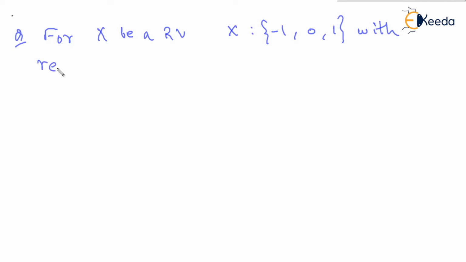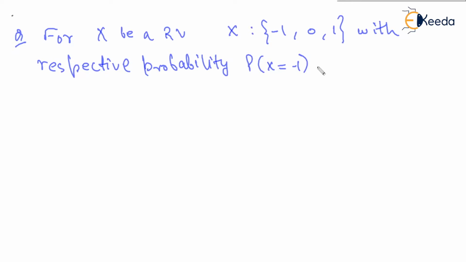It says: let X be a random variable, and the values it can take are 1, 0, minus 1 with respective probabilities P(X = -1) = 0.2, P(X = 0) = 0.5, and P(X = 1) = 0.3.